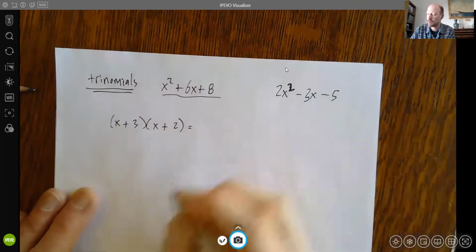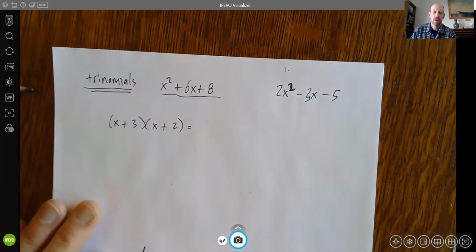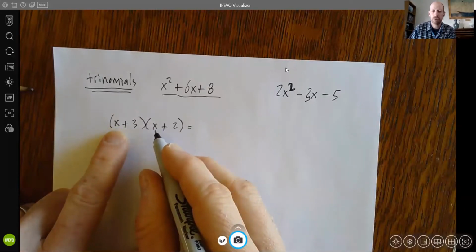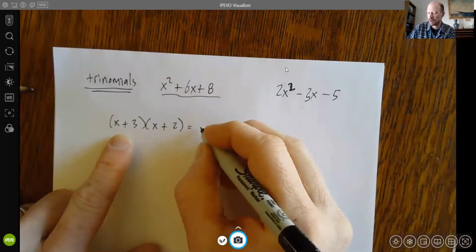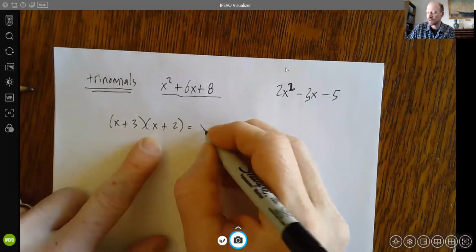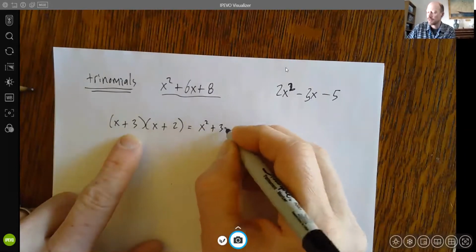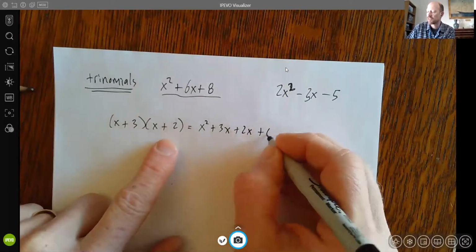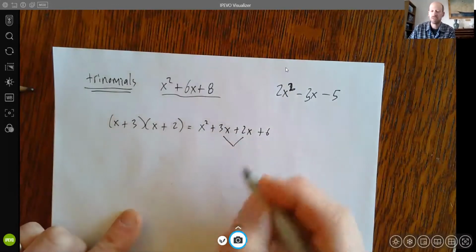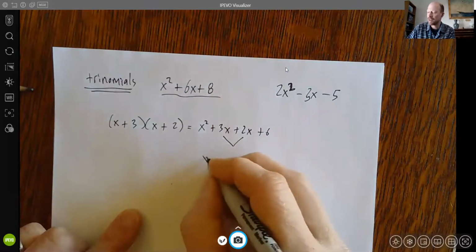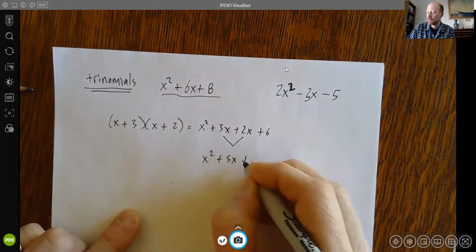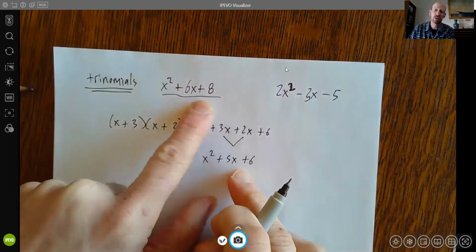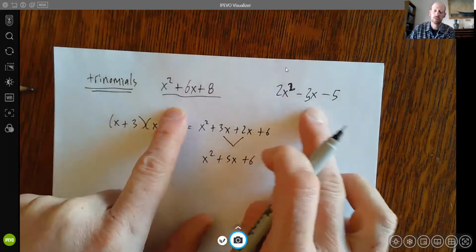From what we did before the midterm, if you're multiplying 2 of these binomials together, we use our FOIL method. We already did this once, right? X times x is x squared plus a 3x plus a 2x plus 6. And of course, the 2 and the 3 add together to give us a trinomial that looks very similar to both of these.